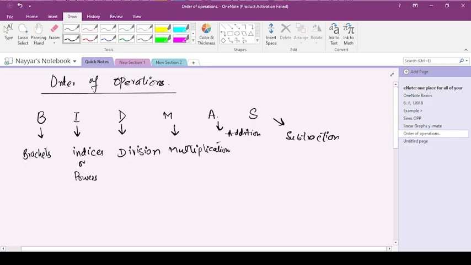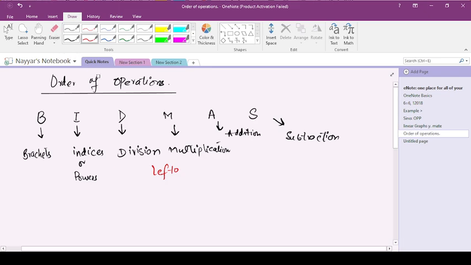Before moving forward to BIDMAS and telling you how you can solve questions with multiple operations, I wanted to tell you two most important rules which you need to remember. They are called left to right rules.